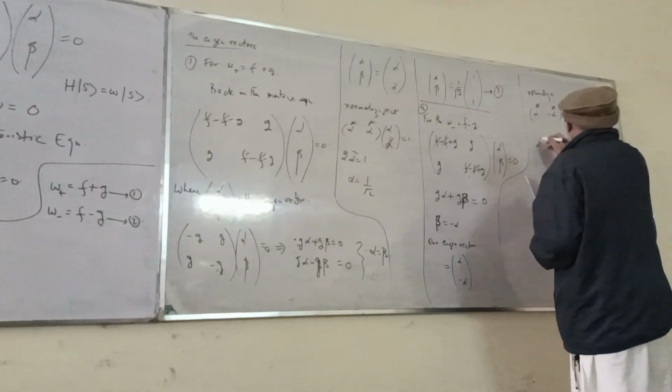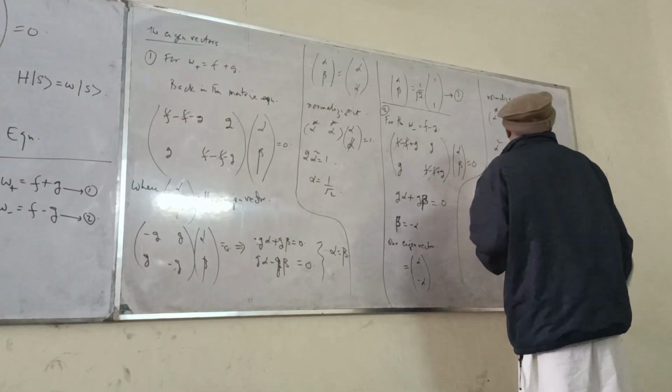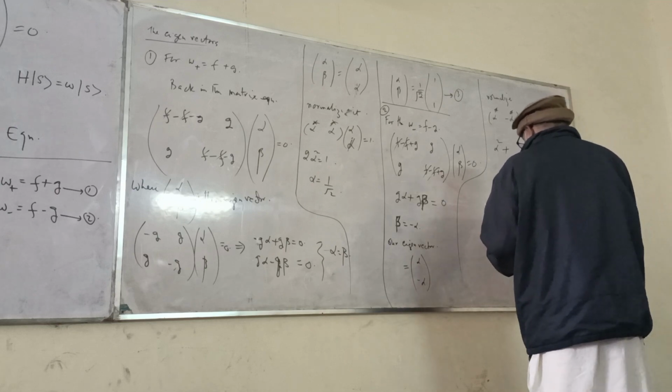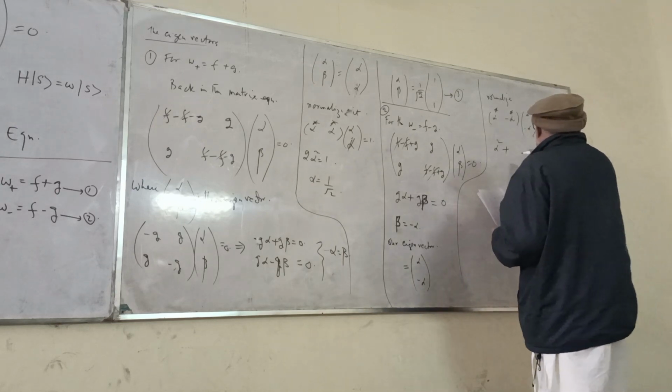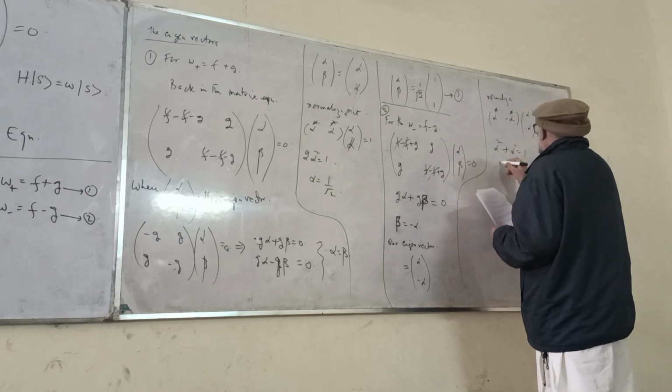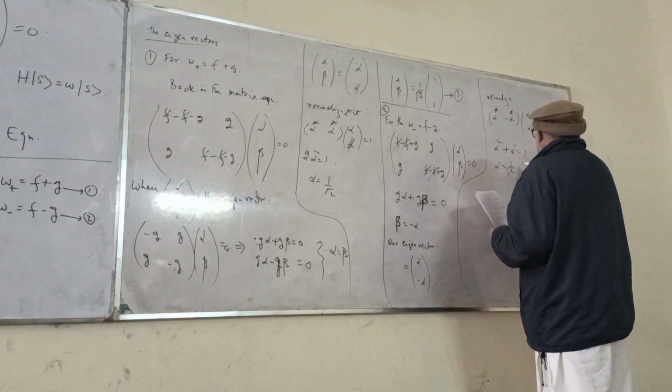And that will be alpha square plus again alpha square, and then alpha is equal to 1 over square root of 2.